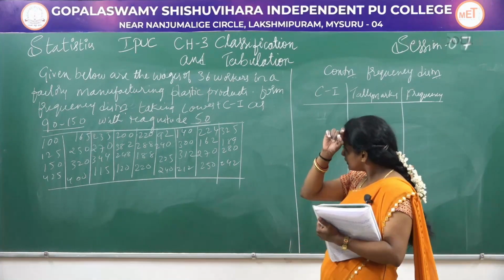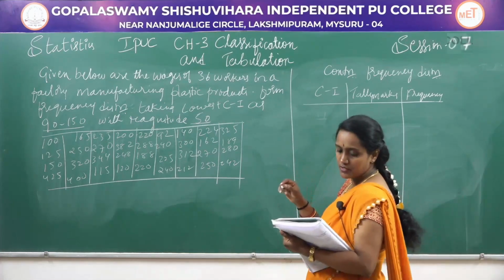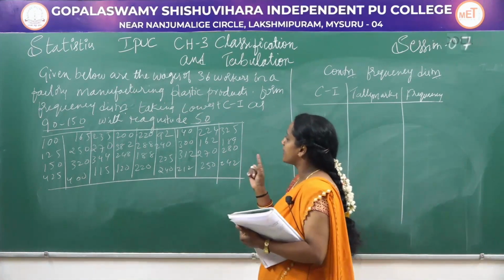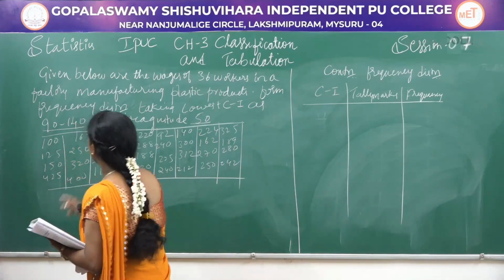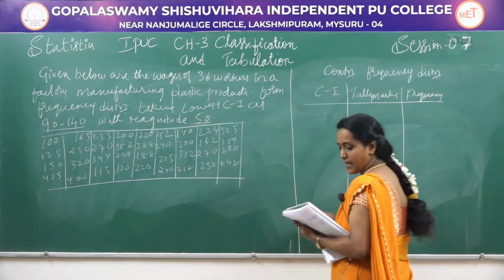Here they have given the lowest class interval with the magnitude 50, so I am changing this to 40 so that it will be easy to carry.